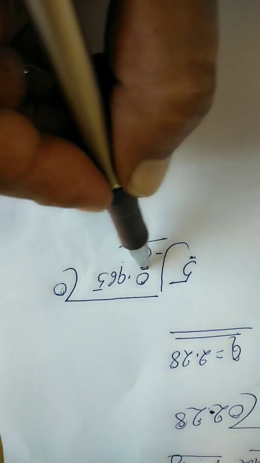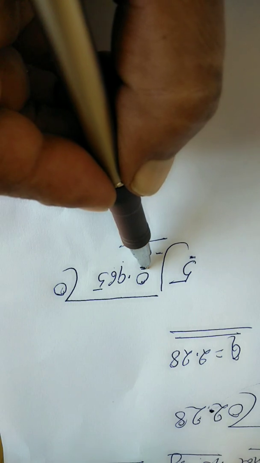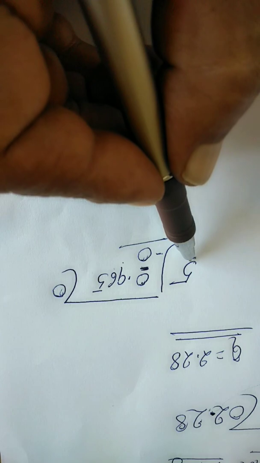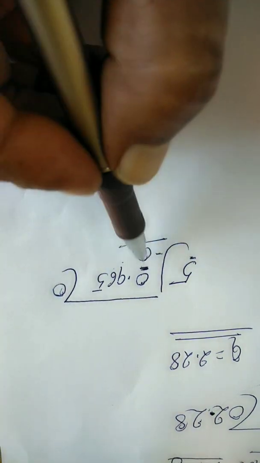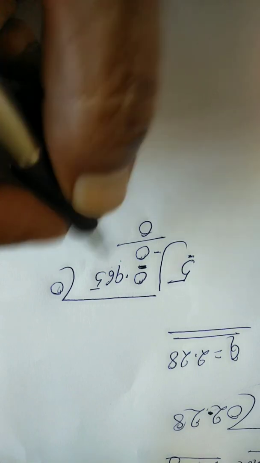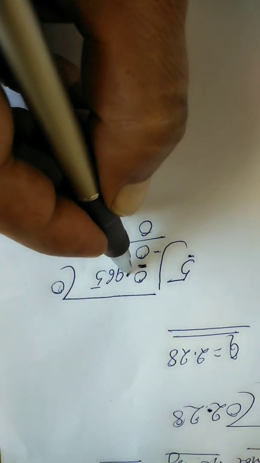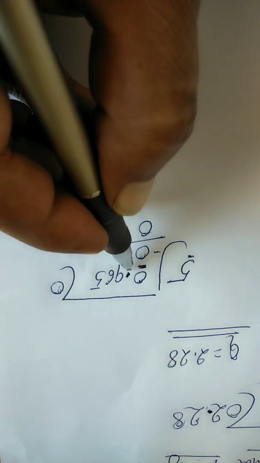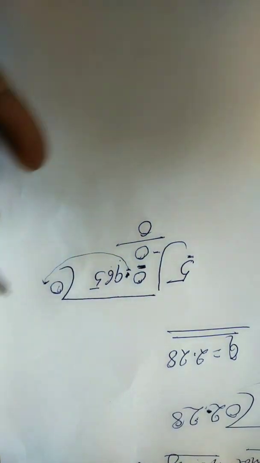So here I have taken one digit from the dividend, 0. After that we recite the table of 5. 5 0s are 0. After subtraction 0 is there, so now it is the turn of the decimal. Take this decimal to the quotient.